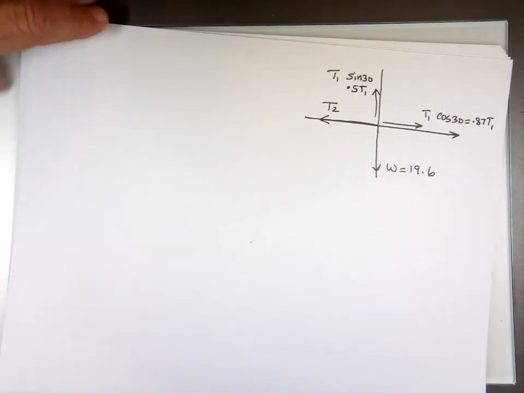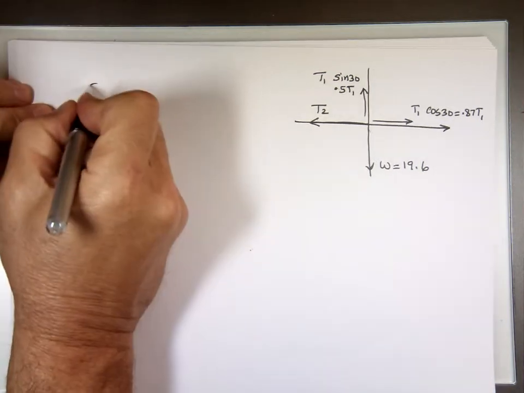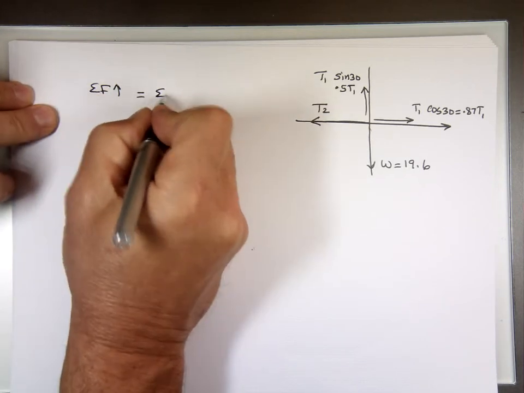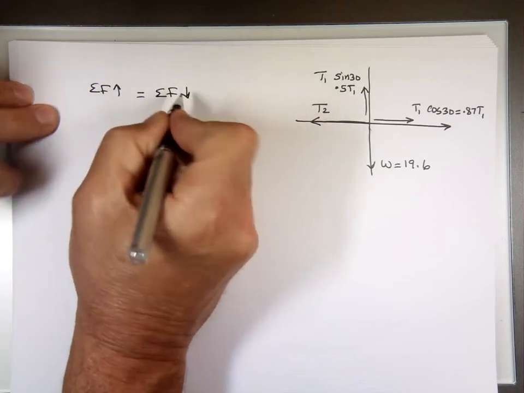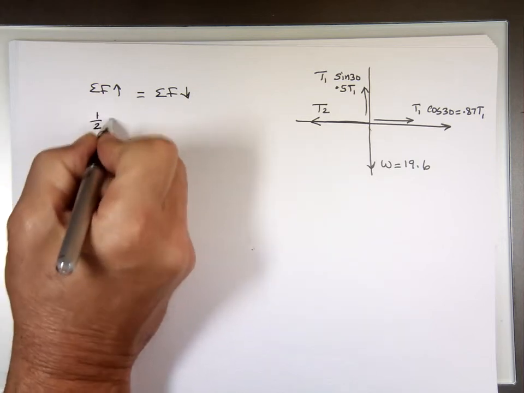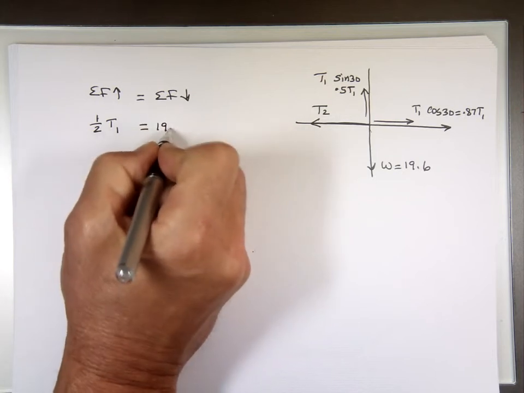So again, that bird feeder is just dangling there. It's not moving. If it's not moving, we have equilibrium, a balanced system. If it's balanced, all the forces pointing upward should equal all the forces pointing down. What is pointing upward? 0.5 T1. And what's pointing down? 19.6.